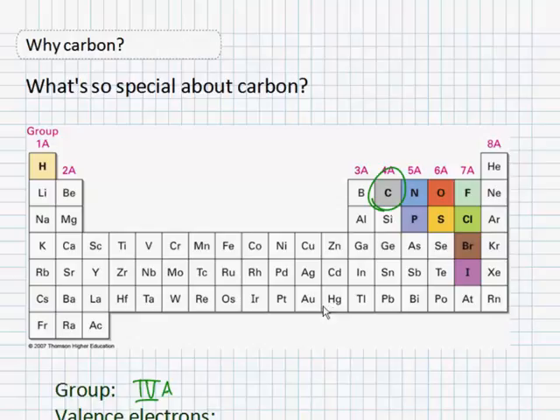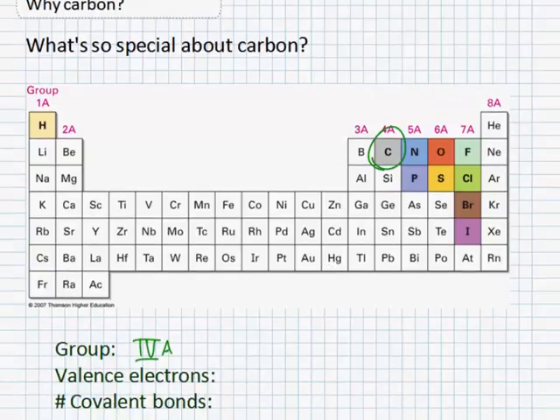So fourth group, essentially the fourth column of the main group, that means how many valence electrons does it have? Those group numbers are very handy to us because those are counting up the number of electrons in the outer shell. So carbon has 4 valence electrons. How many covalent bonds does carbon form? Well, let's look over at the noble gases here.